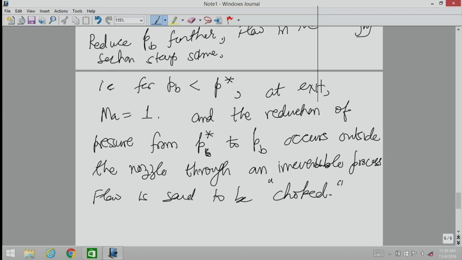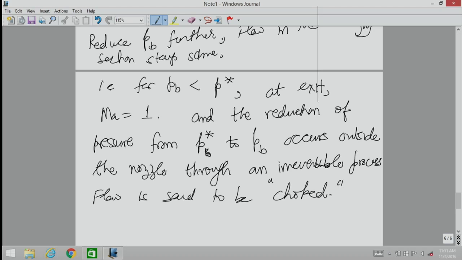If it is a subsonic flow to start with, then what I realize is that at this exit, or at this point where the area is the lowest, the maximum Mach number which I can get is 1. Now if I want the Mach number to be higher than this, what should I do?